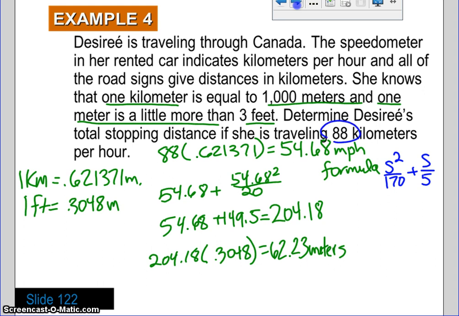We've got 88 squared divided by 170 plus 88 divided by 5. When you plug all of that in the calculator, you get approximately 63.15 meters. You can see it's very, very close to the 62.23 that we got before.